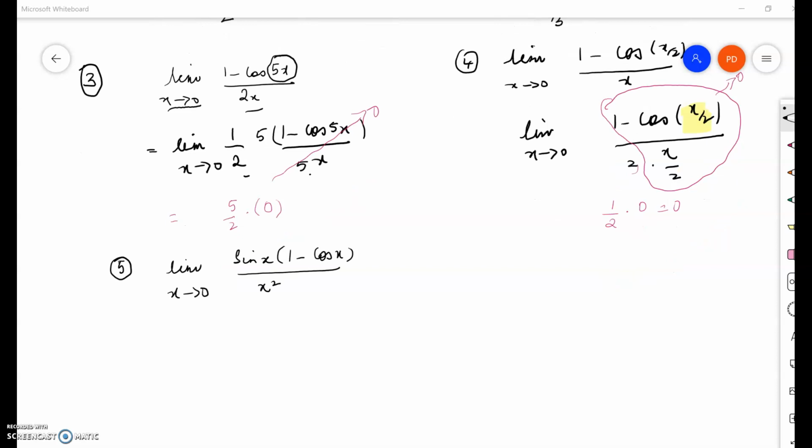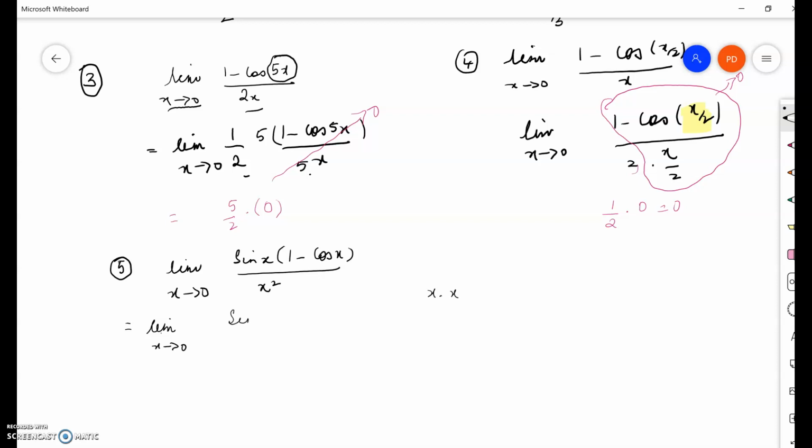So one last problem. The two theorems are limit sin x over x as x approaches 0 equals 1 and limit 1 minus cosine of x over x as x approaches 0 equals 0. So we almost see both the theorems sitting here. So we have limit as x approaches 0. We're going to split the x squared and write it as x times x.